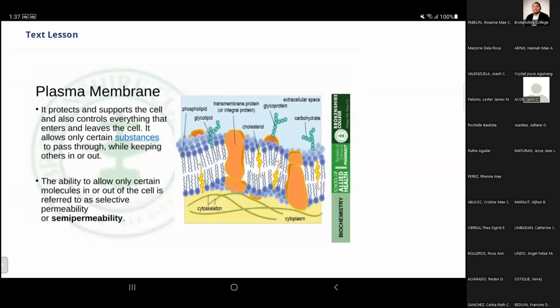And the ability to allow only certain molecules in or out of the cell is referred to as selective permeability or semi-permeability. So again, as I have mentioned, our cell has a selectively permeable membrane.